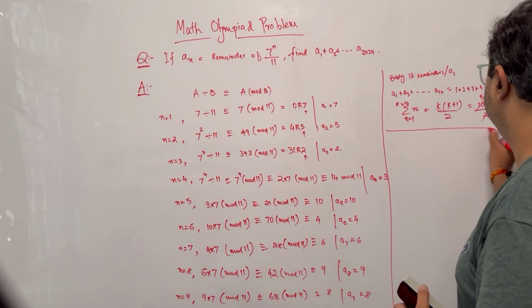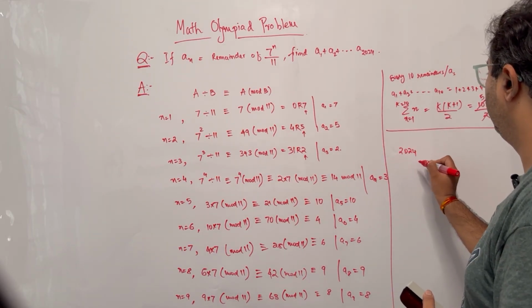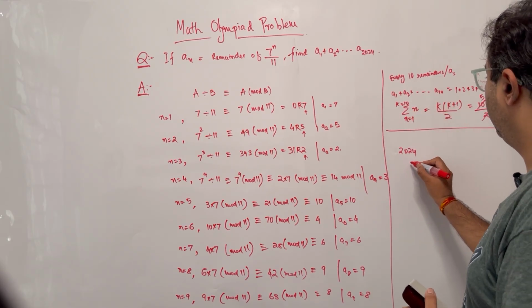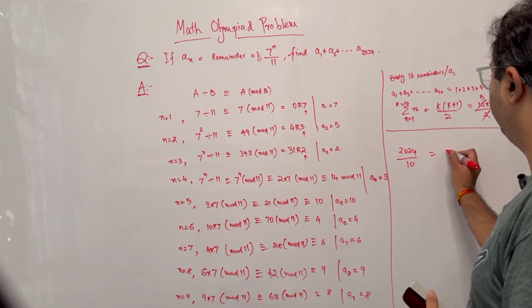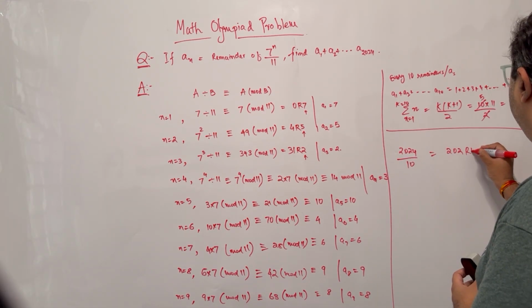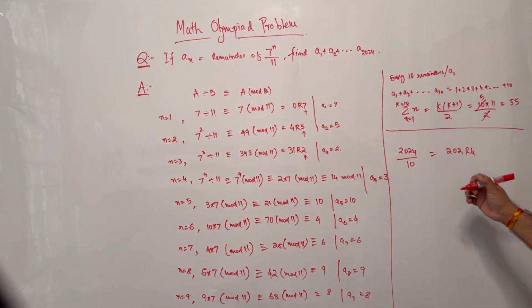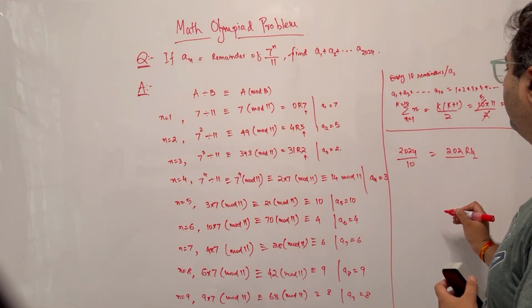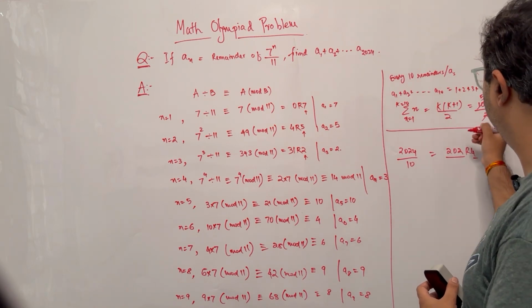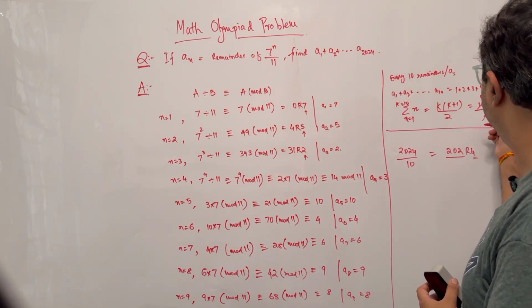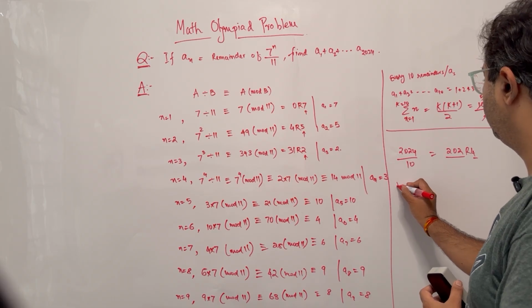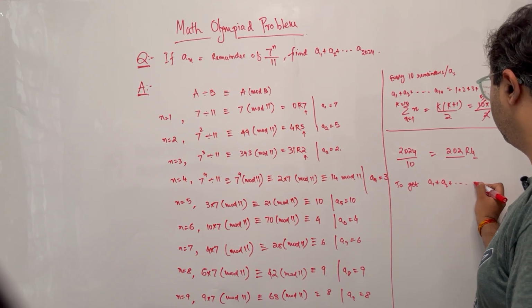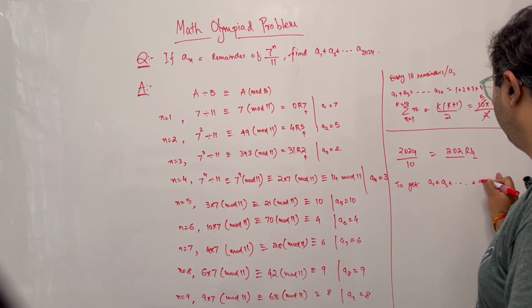Okay, now 2024 will have these repetitions. If we divide this by 10, we will have 202 remainder 4. So this addition will happen 202 times, and then there will be 4 more terms. So what we need to do is multiply 55 by 202 to get A1 plus A2 plus up to A2024.